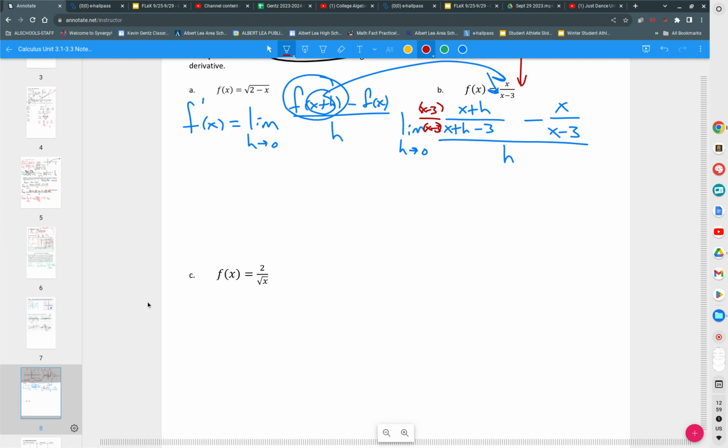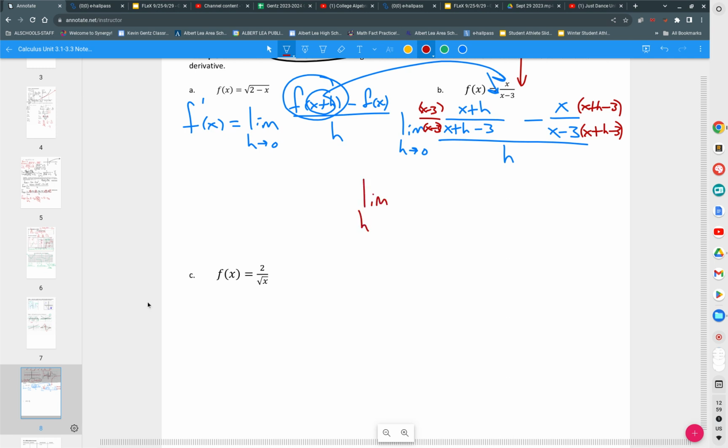On the other side, you multiply by the matching factor. Is there any question how I got to where I am now? Okay. Notice, algebra intensive. Agreed?